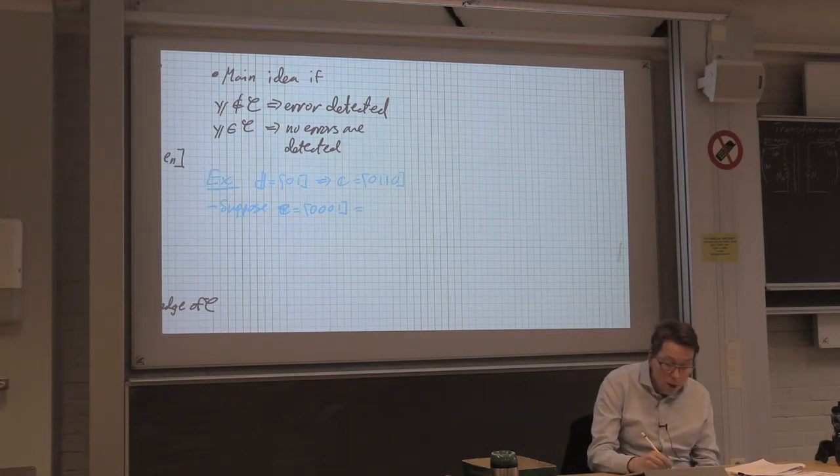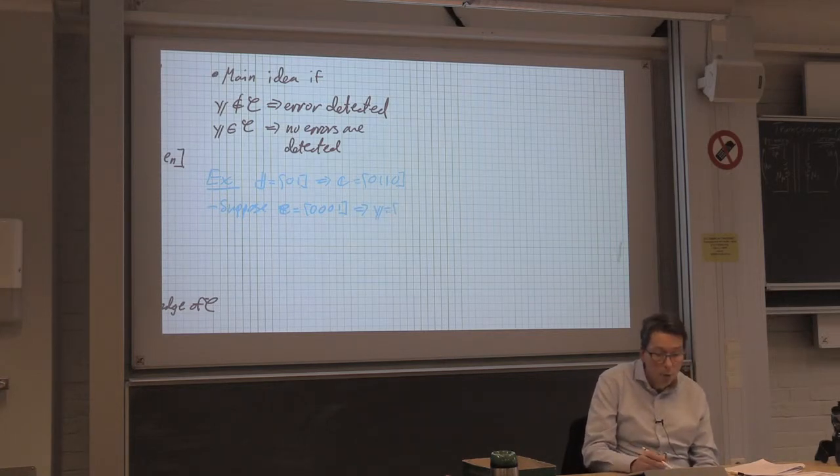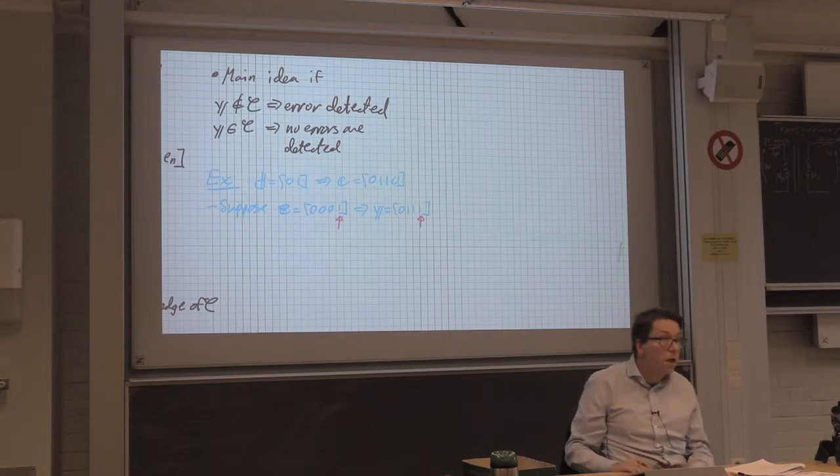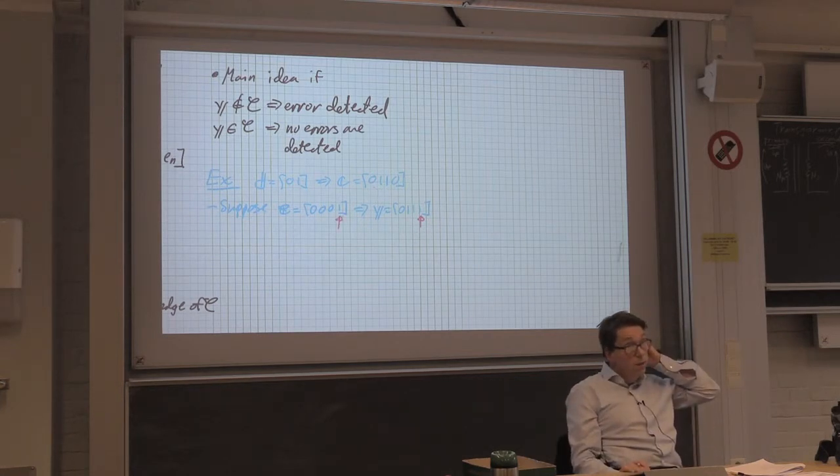And this would then yield that the output y is equal to the input, which is 0, 1, 1, 0, where we flip the 4th bit. So the output would be 0, 1, 1, 1, right? So the error occurred here, because that's what the error pattern has indicated.